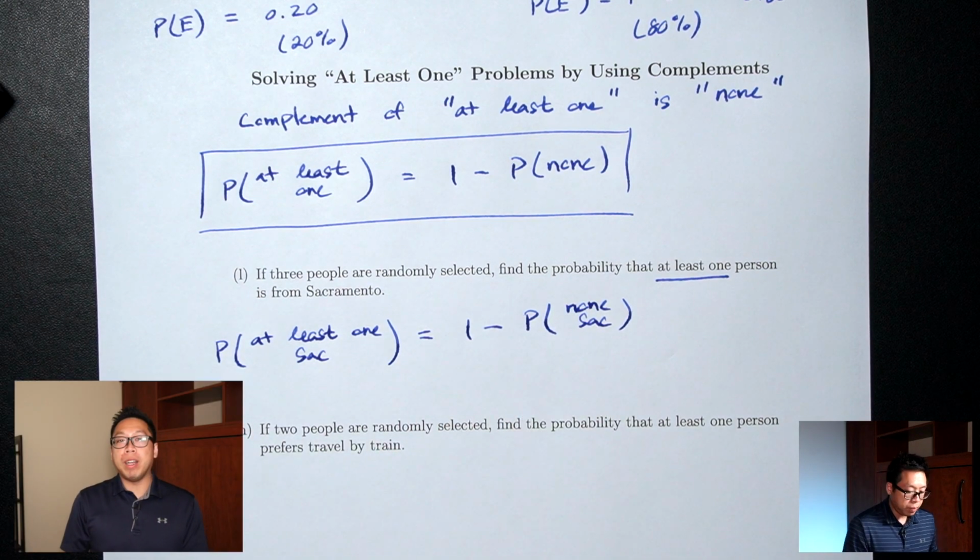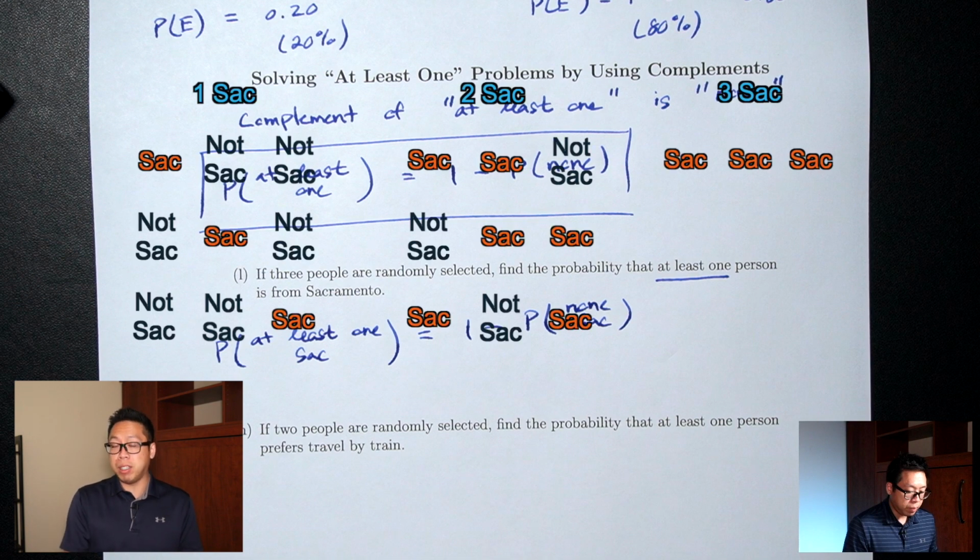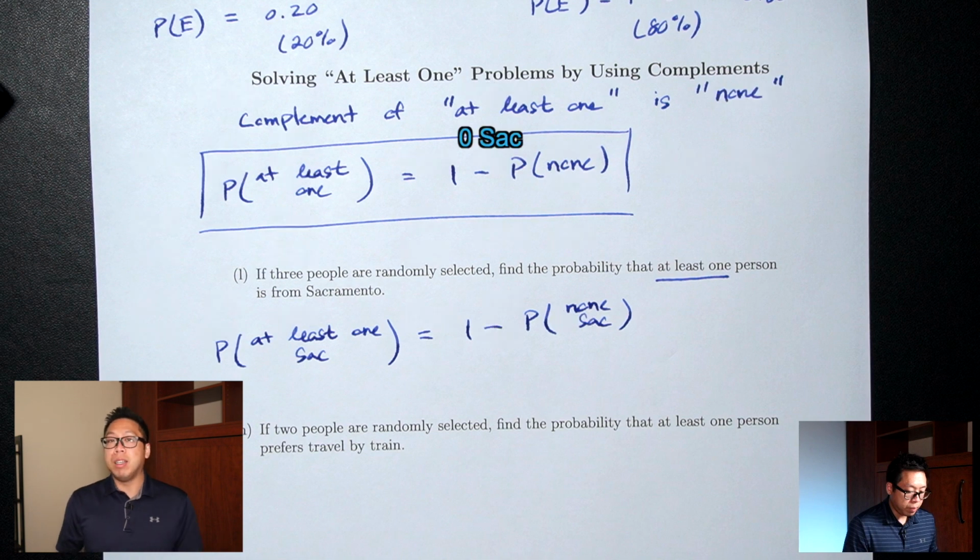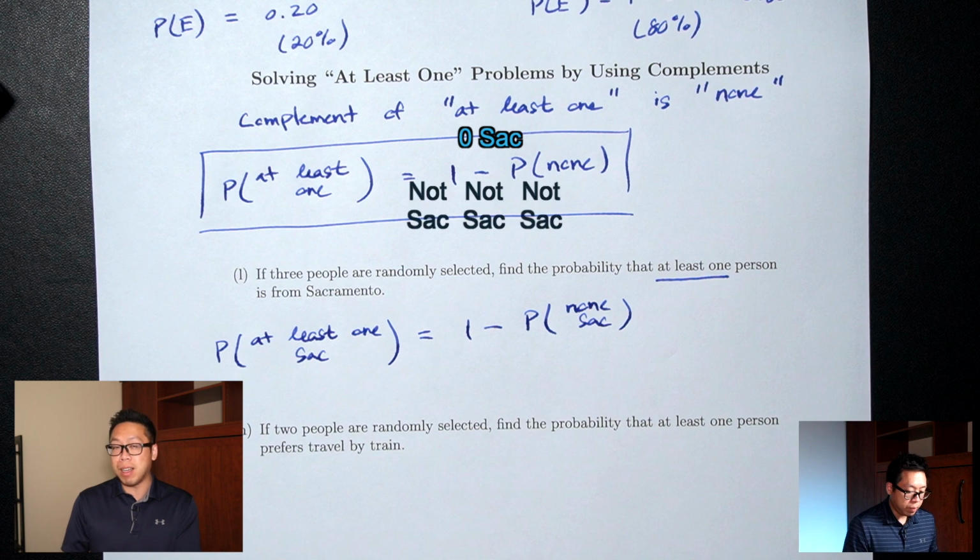Let me elaborate on why this is actually better. We already said earlier that doing at least one Sac directly was hard because it involves too many different possibilities, 8 to be exact. The complement of at least one, none from Sac, is going to be easier because there's only one way that you can get none from Sac. If I have 3 people, the only way that I can get none from Sac is to have all 3 be not Sac, not Sac, not Sac. So one possibility versus 8.